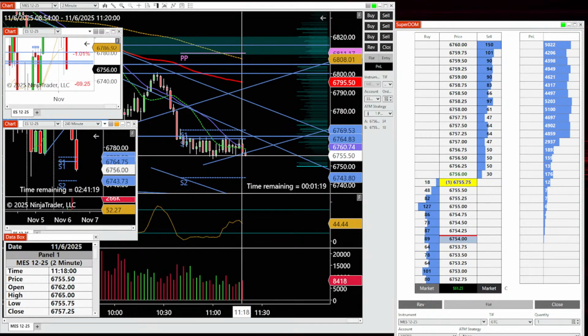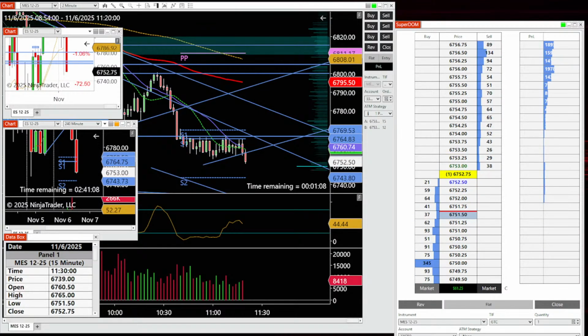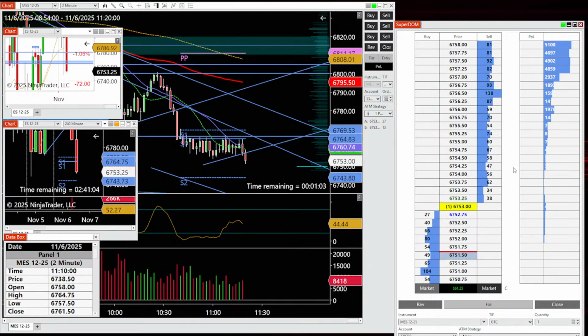I am biased to the downside now with this break. I want to see the 15-minute bar with follow through though. There we go. And there goes the break. Do we get another bounce off that break? Yep. Get some type of bounce off the break.